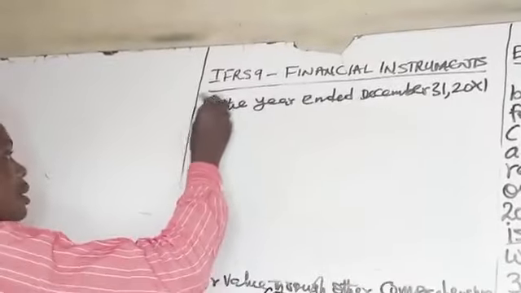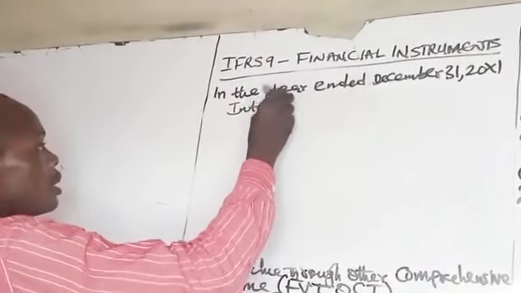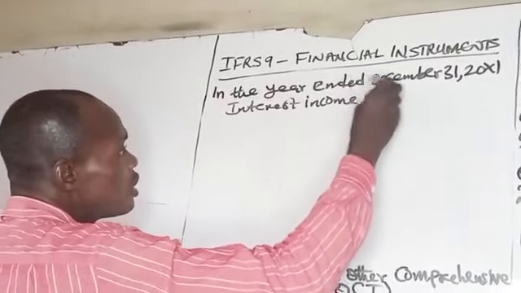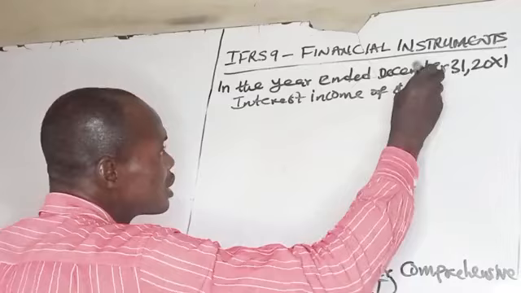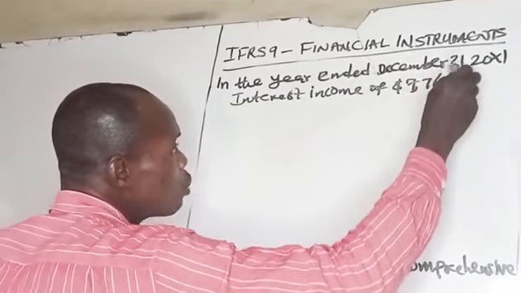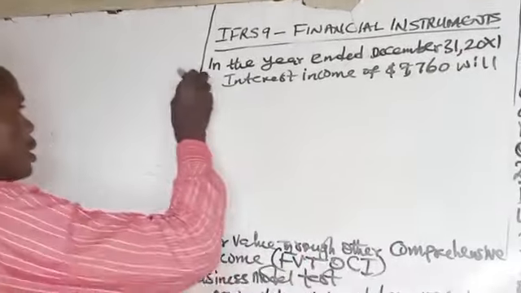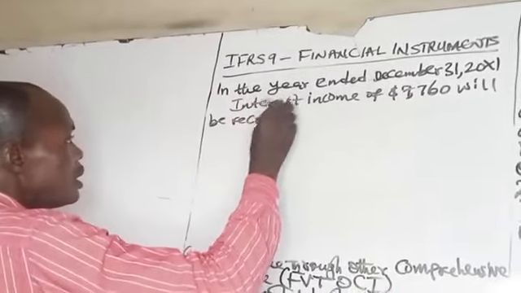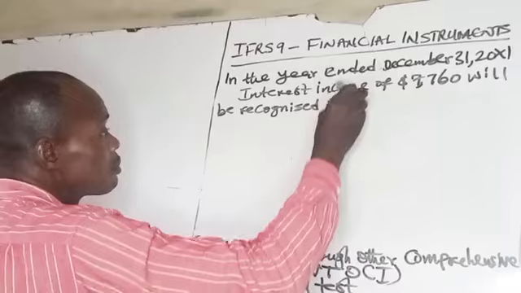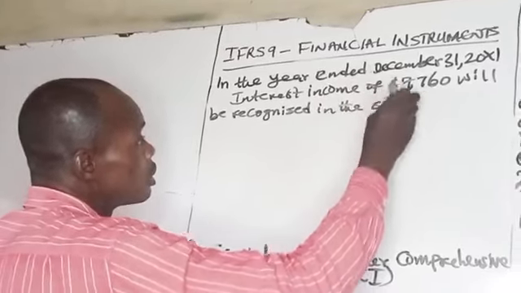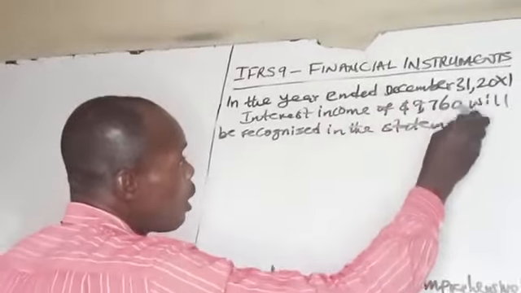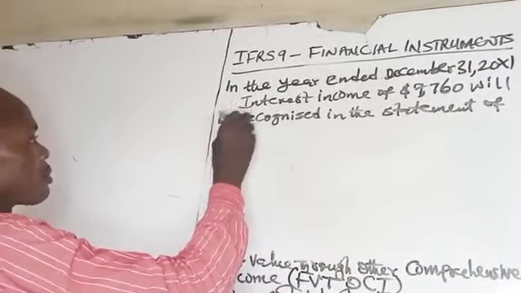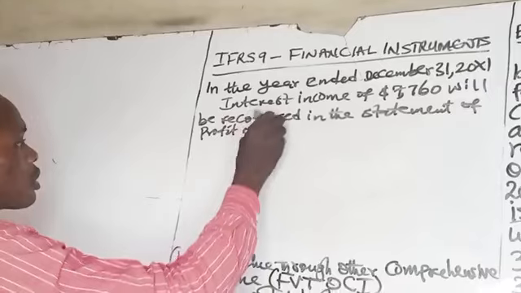Interest income of $7,760 will be recognized in the statement of profit or loss.